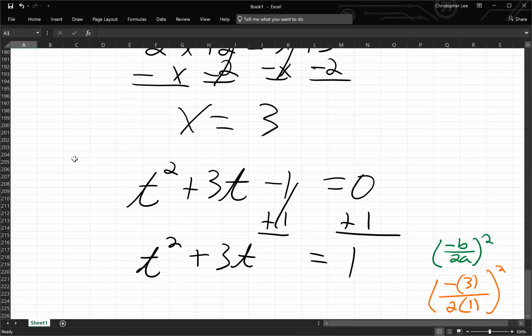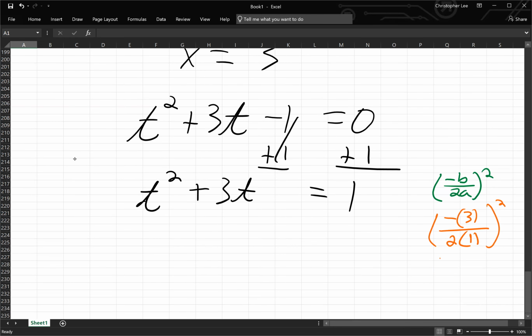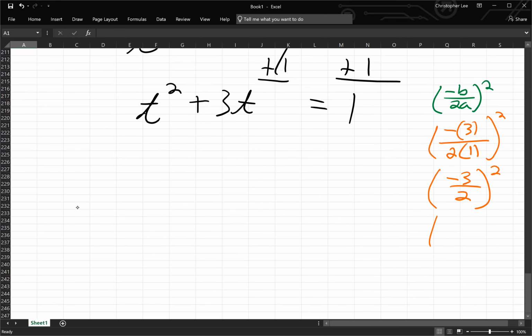So then this would be negative 3 over 2 squared, and that's just 9 over 4.